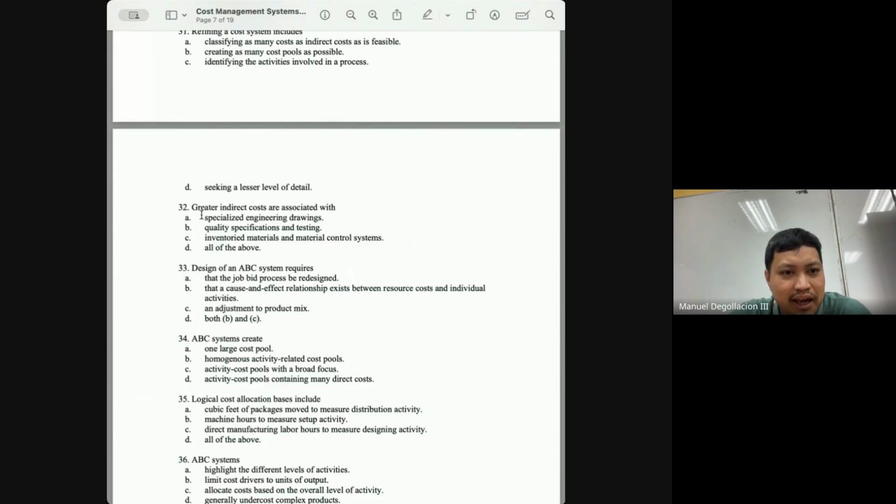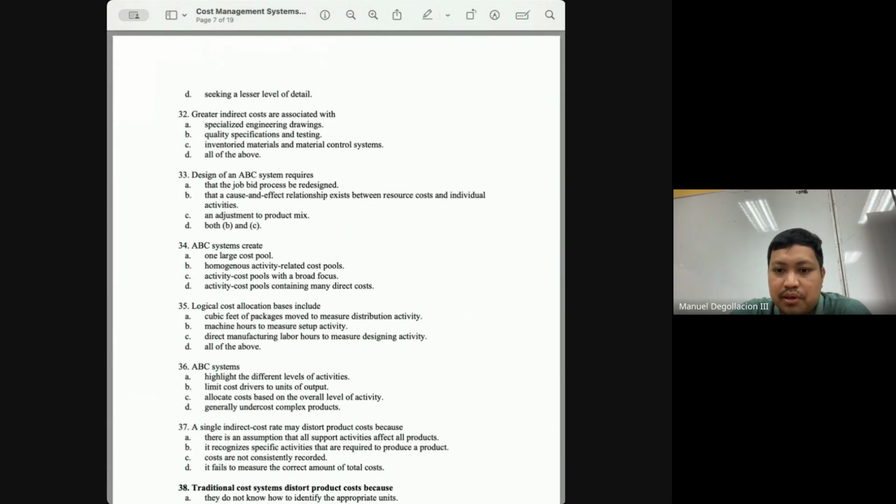So basically, class, A, B, and C are not specific to a particular unit, so it's not a direct cost. Your drawings will apply to everything, the same as your tests and your control systems.